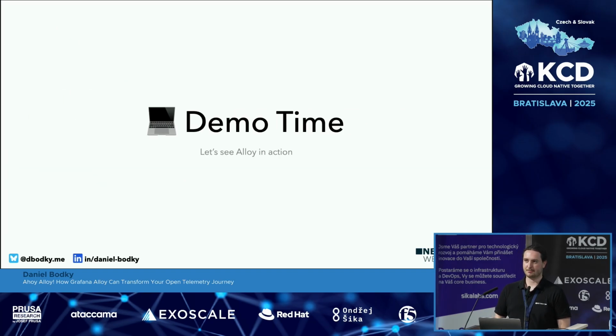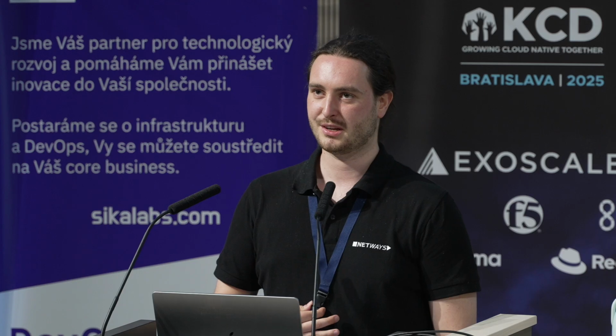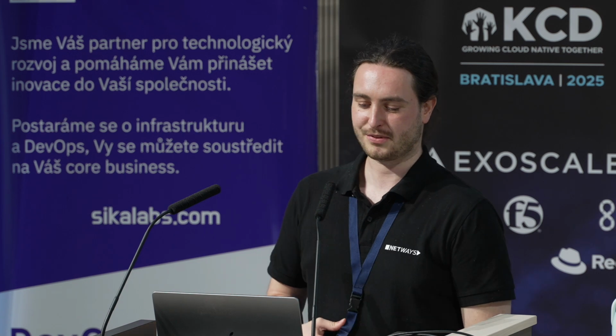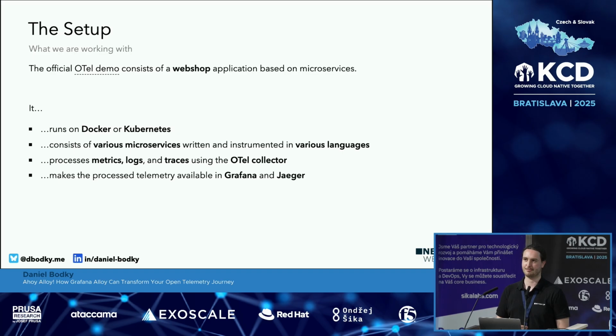Yeah, and with all this groundwork and basics, I want to get to the more practical part of the talk, because it's demo time. I just want to have this one last slide before I jump into my demo to establish the scenery, right? So the setup will be the official OTel demo, which consists of a microservice architecture which forms a web shop.